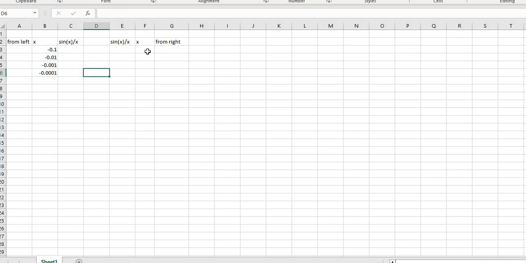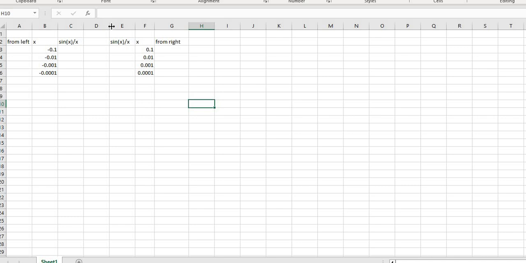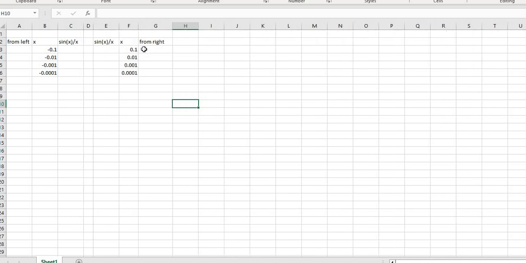Let's do the right approach as well, the positive version of this. And let's write the formula in Excel and compare left and right. Because the Excel sheet will give you the angle in radian form, you don't have to worry about it.